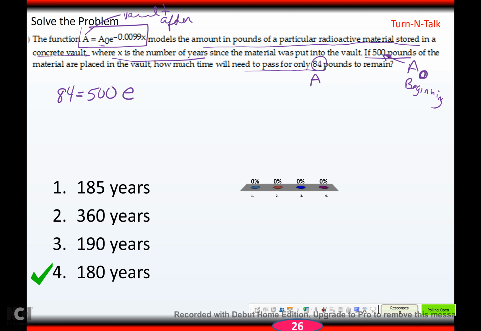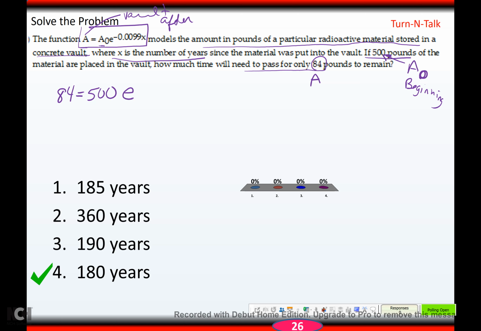But I can't do that until I've isolated this, so I'm going to divide by 500. 84 divided by 500, I get 0.168 equals e to the negative 0.0099x.